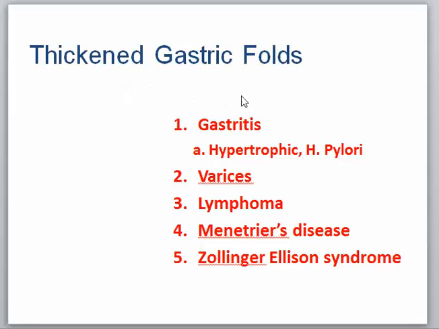When we have thickened gastric folds, it could be due to gastritis, it could be due to lymphoma, it could be due to lymphoid tissue, it could be due to Zollinger-Ellison syndrome, again with hypertrophic mucosa, or it could be due to varices, and this is the smooth type of folds. So in this one we have gastric rugae. This is the cleavage between one rugae and the other one.